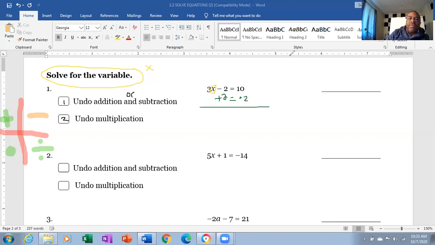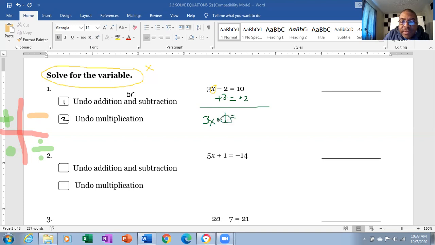Okay, let's put down a little equal sign here. All right, so we'll put down the equal sign. Negative 2 plus 2 is 0. So now we have 3x, and we'll say plus 0. All right.